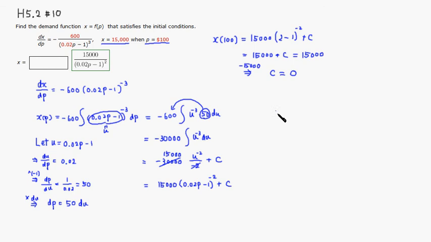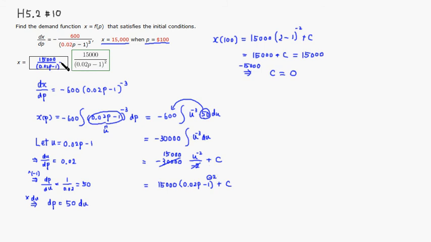So therefore the answer we're looking for is 1500 on top divided by quantity, because of the negative power, we should put 0.02p minus 1 on the bottom, and you have to square that.